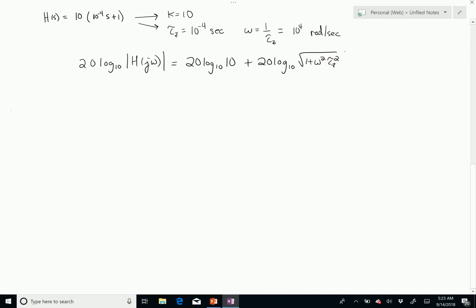What I have is the additive effect of a constant and a zero. Because these are additive, we can look at each one individually. For this zero, it starts out at zero and then rises 20 dB per decade.